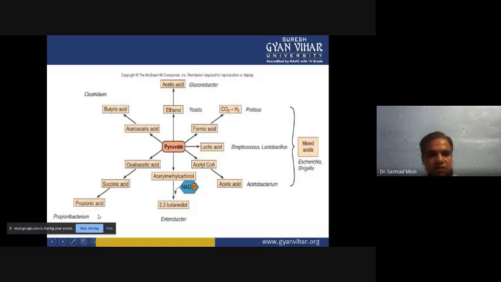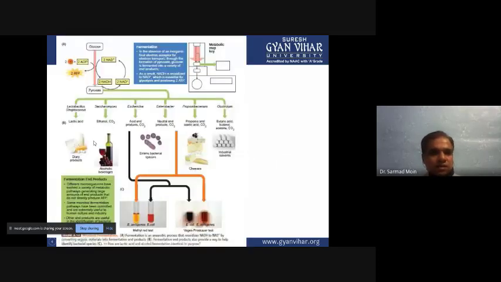So different bacteria have different cycles and enzymes they utilize to convert pyruvate into different types of products. Mixed acids are produced by some, and some produce very specific types of acids. Okay. So here is an example where industrially important production happens using anaerobic cycles.